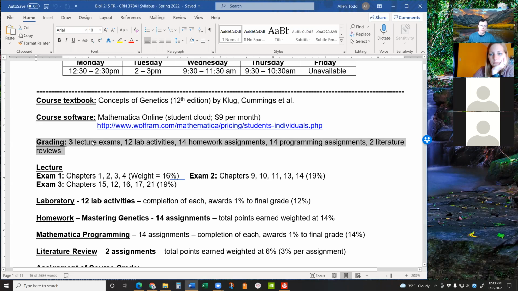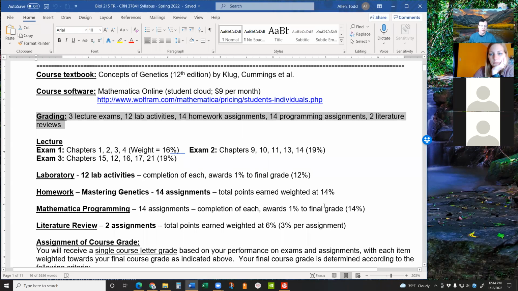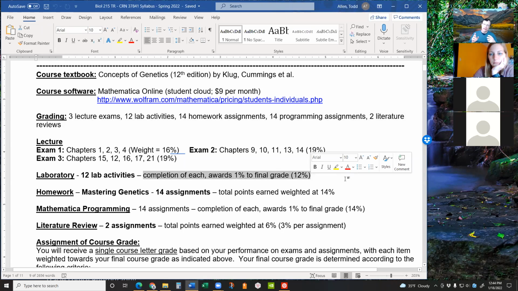So you'll have 3 lecture exams. There will be 12 lab activities. I admit I'm scrambling a little bit because of being forced to go back to remote, so things aren't as easy as we would like them to be, but you will have 12 lab activities, whether in person or online. And please note, completion of each awards 1% to your final course grade. And I say completion of each.